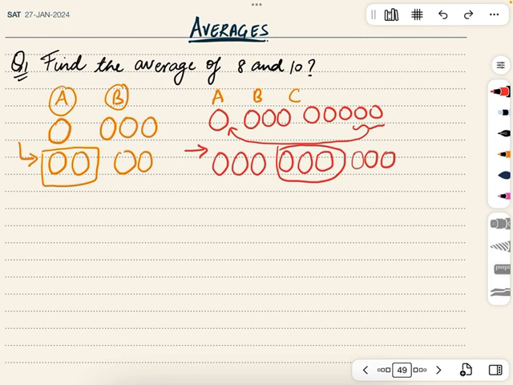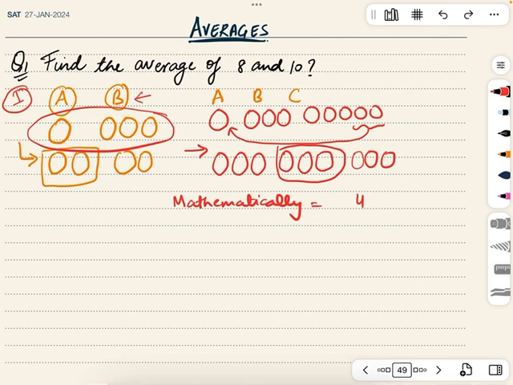Now mathematically, how will I find out the average of the candies? Look here. In the first example, the total number of candies was 4. And how many people were the 4 candies to be divided among? 2 people, so 4 divided by 2. 2 is hence the average of candies.